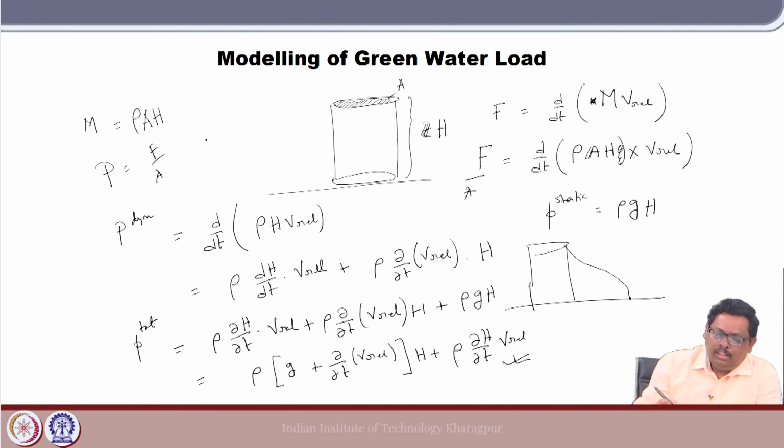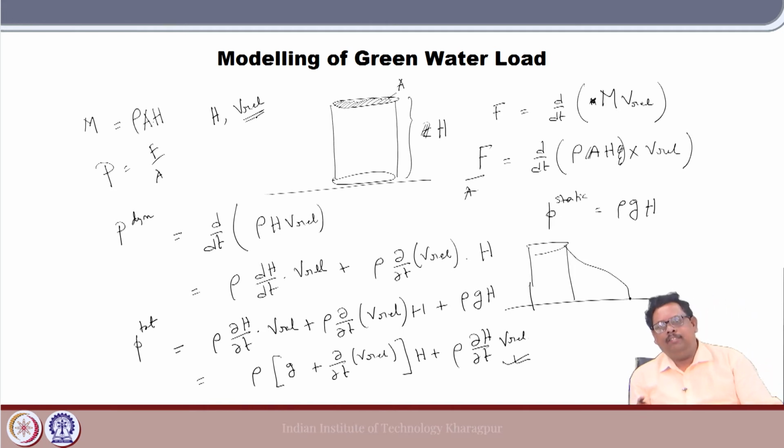For example, this is a pile of water. A pile of water is there on the deck, and sometimes it is breaking onto the deck. Now, how can we define these parameters, for example the H, and how can we define the parameter V relative? Let us see how we could do that. For that, we need to understand some basic ship geometry.